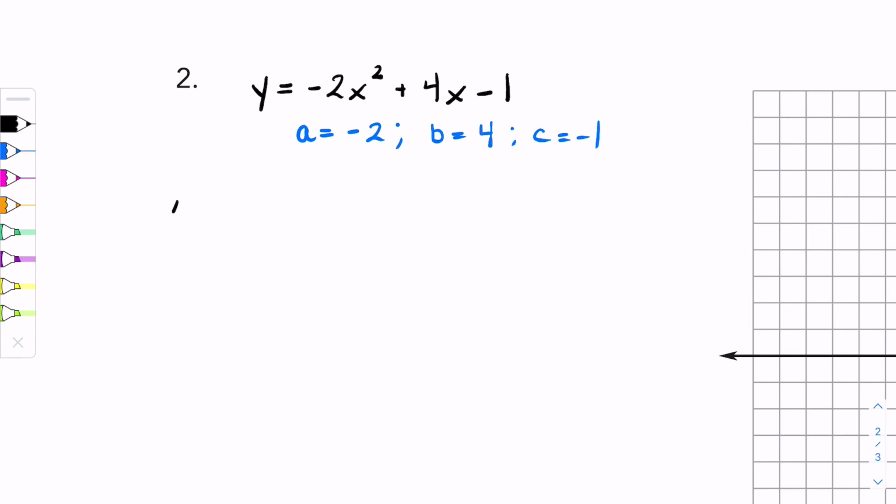We're going to start with step A, which was the axis of symmetry. And the axis of symmetry is found by the equation negative b divided by 2 times a. Here our a value is negative 2 and our b value is 4.